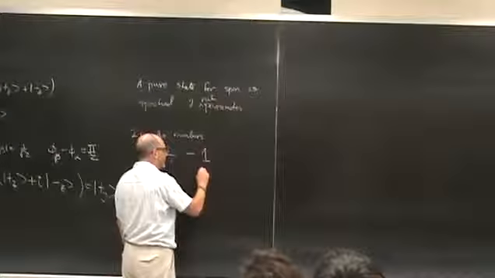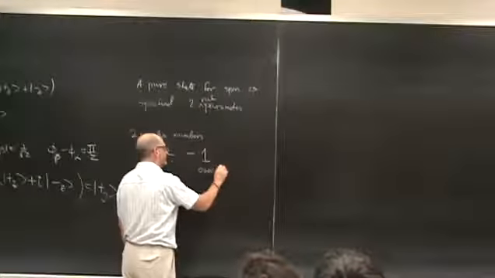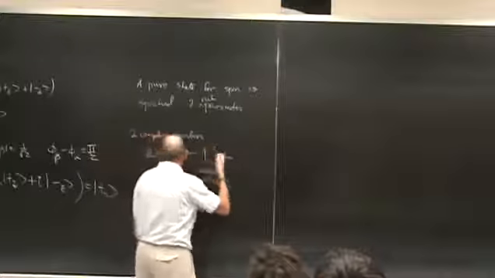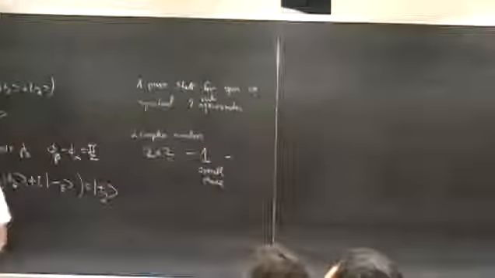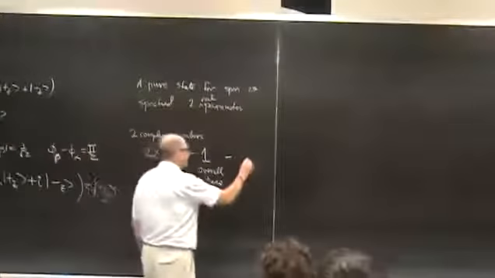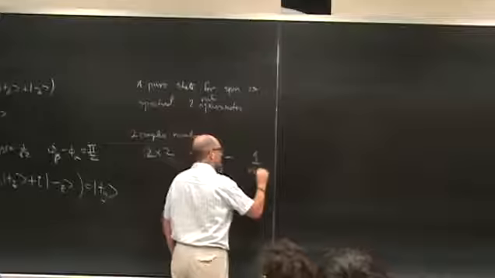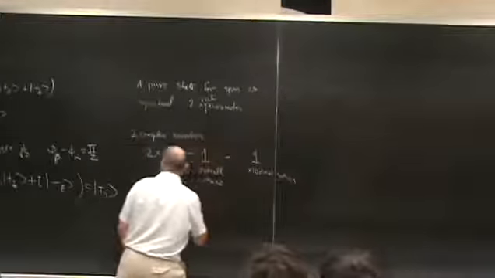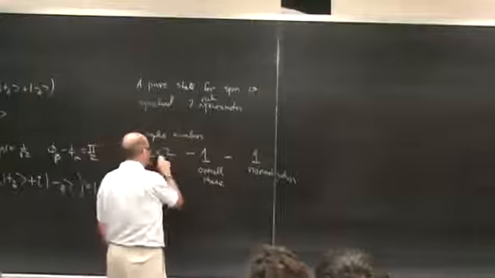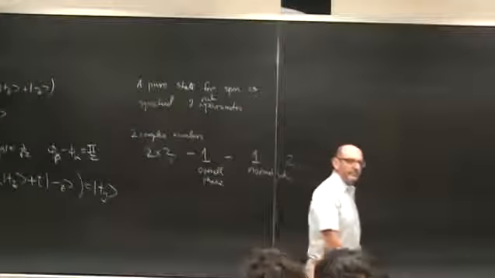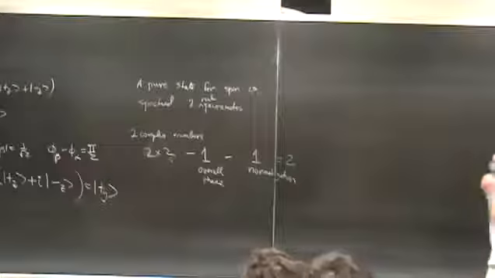Minus 1 for the overall phase. Minus 1, because one of the amplitudes is defined in terms of the other by normalization. So the number of real parameters is 4 minus 2, which is 2. Okay?